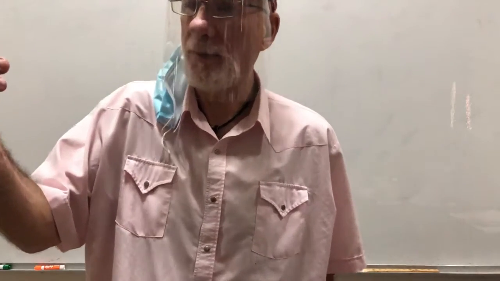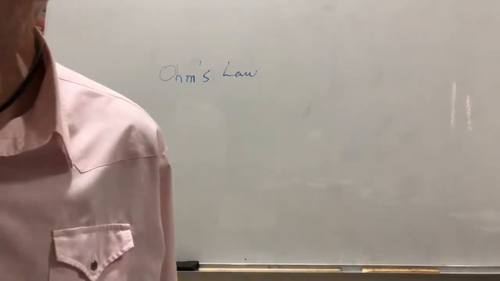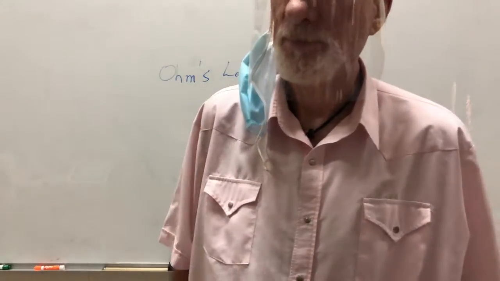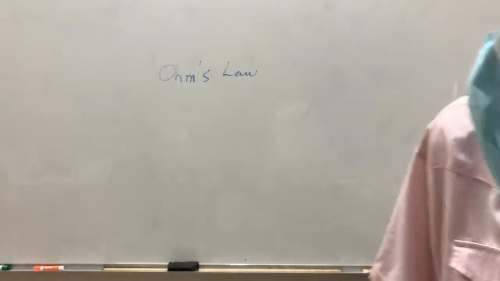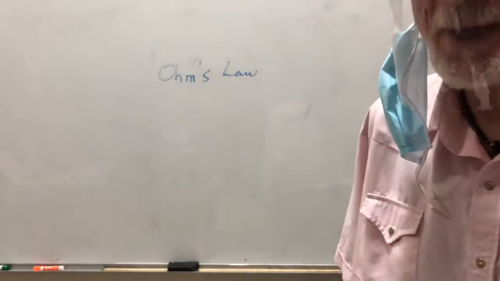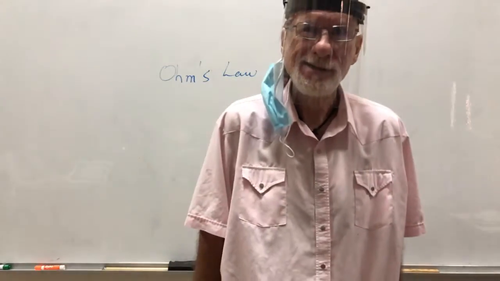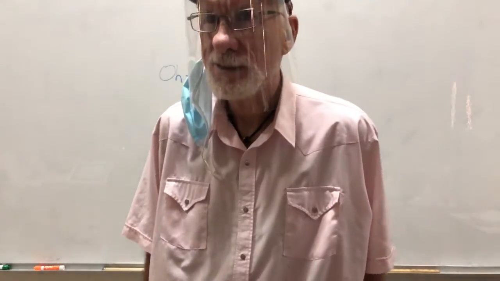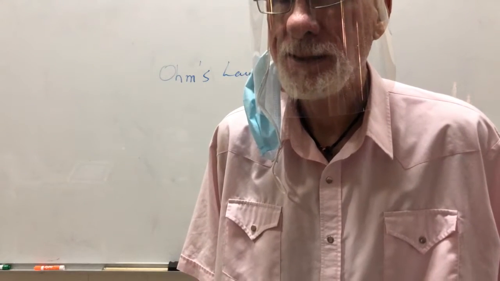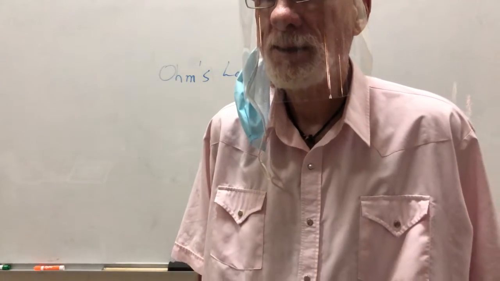Come on up here. Stand here and talk to me. What do you got? You got a formula. Do you have any words that go along with the formula? Ohm's law states that the current per conductor between 2 points is directly proportional to the voltage across the 2 points.